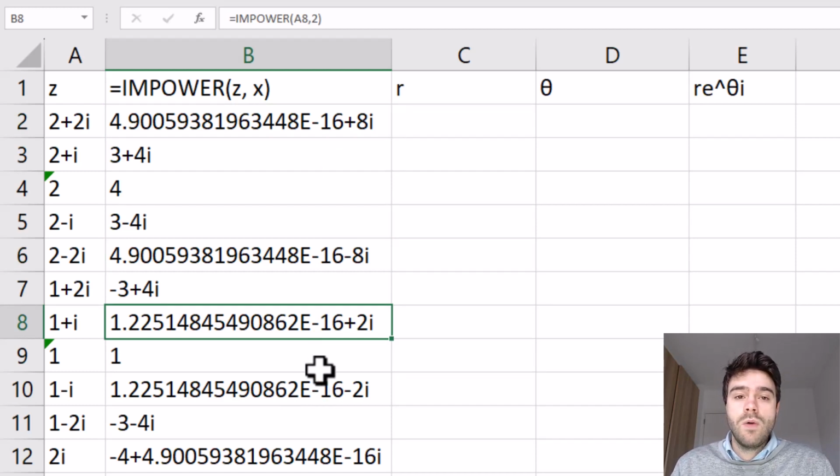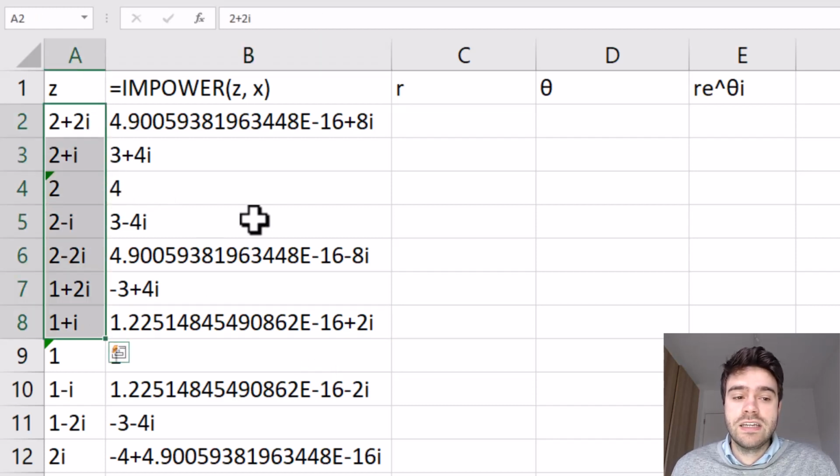Okay, now one way we could manually calculate bringing a complex number to a certain power is to transform our complex number from its rectangular form, such as we can see here in column A, to its exponential form, where it's written like r times e to the power theta i, where we call r the modulus, being the distance from our point on the complex plane to the center, and theta being the angle at which the point is situated compared to the x-axis.